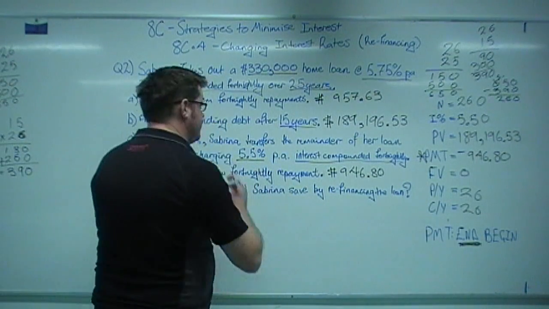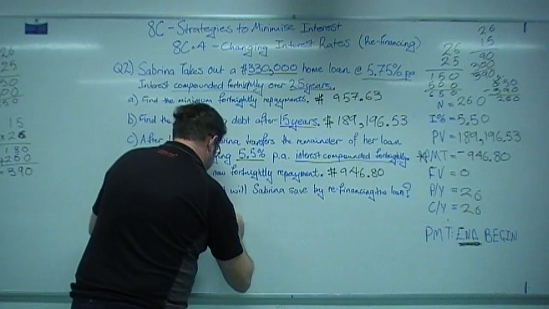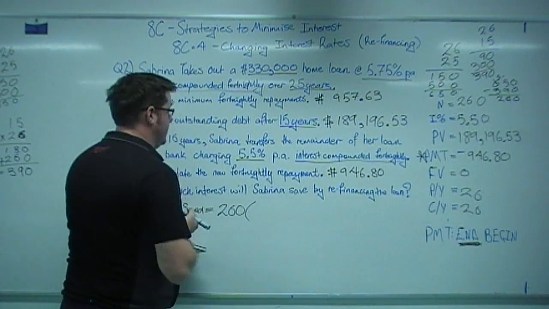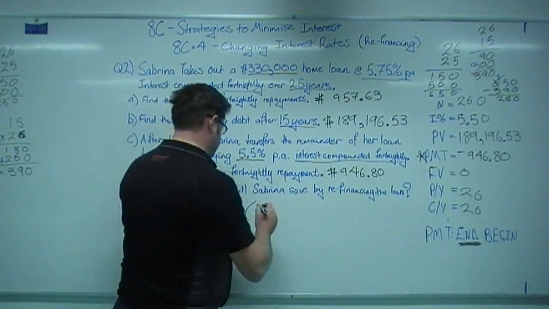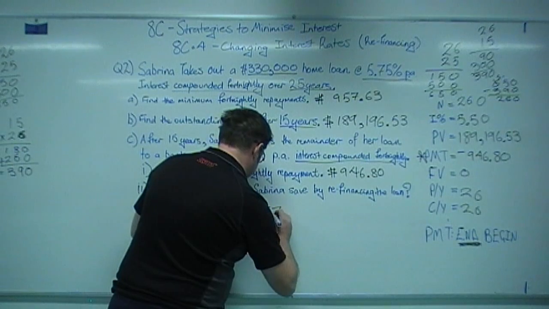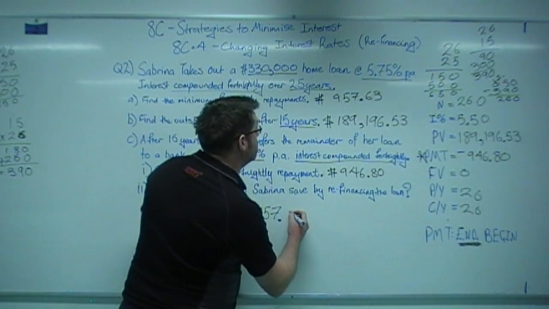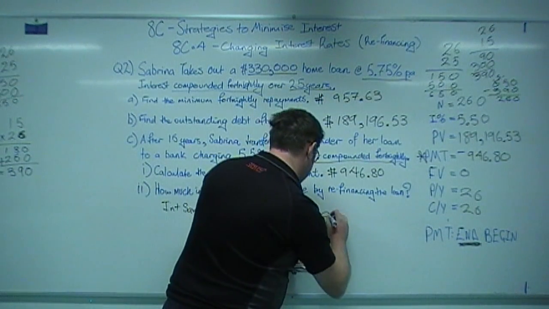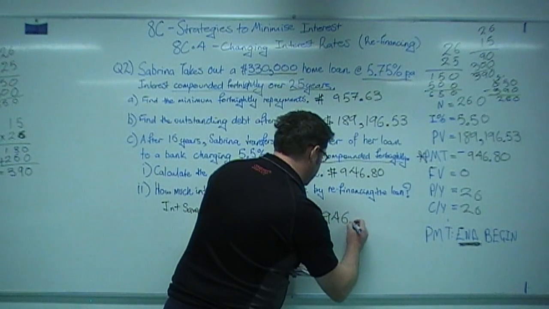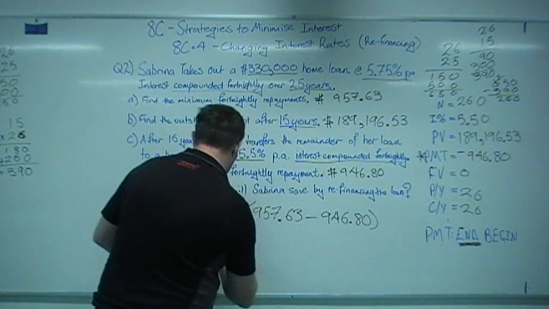So the interest saved will actually just be 260, so that's the total amount of periods remaining, times by the difference of the two sums. So that's 957.63 minus 946.80.